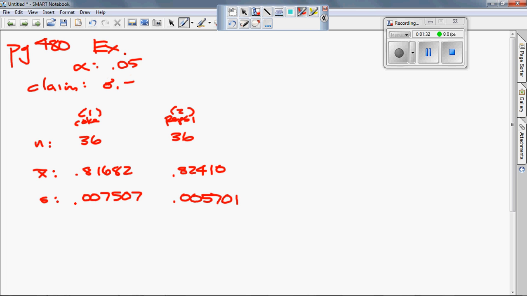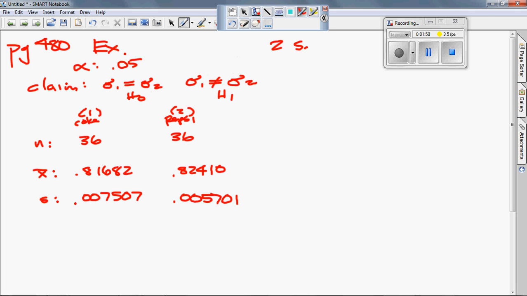The claim is that their standard deviations are the same: standard deviation 1 equals standard deviation 2. The opposite of this is standard deviation 1 does not equal standard deviation 2. This is our null hypothesis, and this is our alternative hypothesis. So we're going to use 2-samp F test.